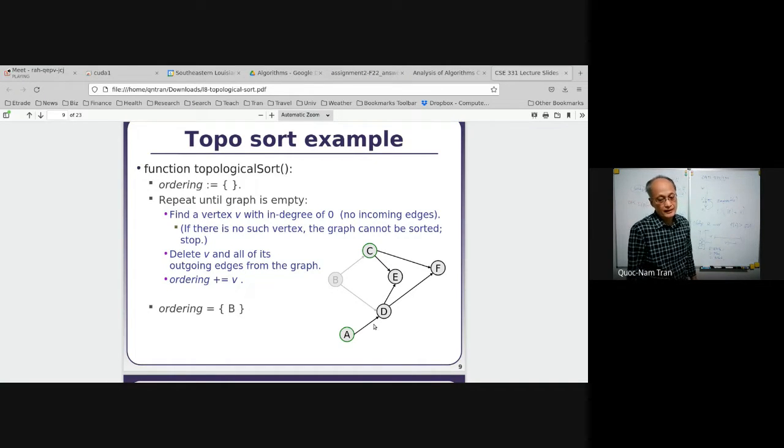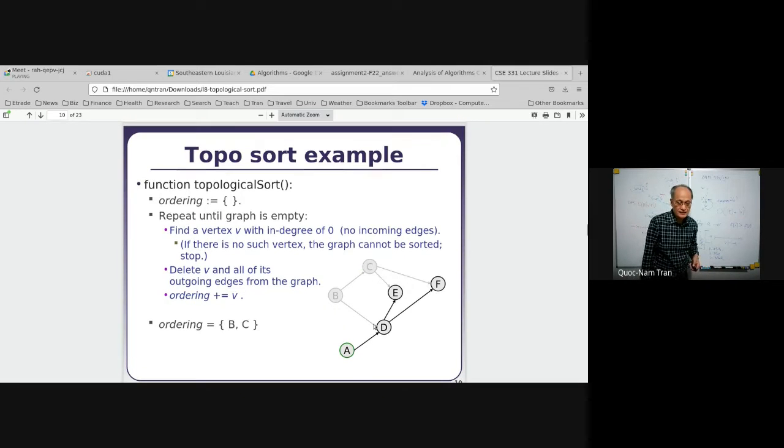And then we remove all of the edges from B. So we have a new graph, basically we can keep the old graph and then update the number of incoming edges for every node, right? So the next thing we have here is either A or C, right? So we can add either A or C into the list.